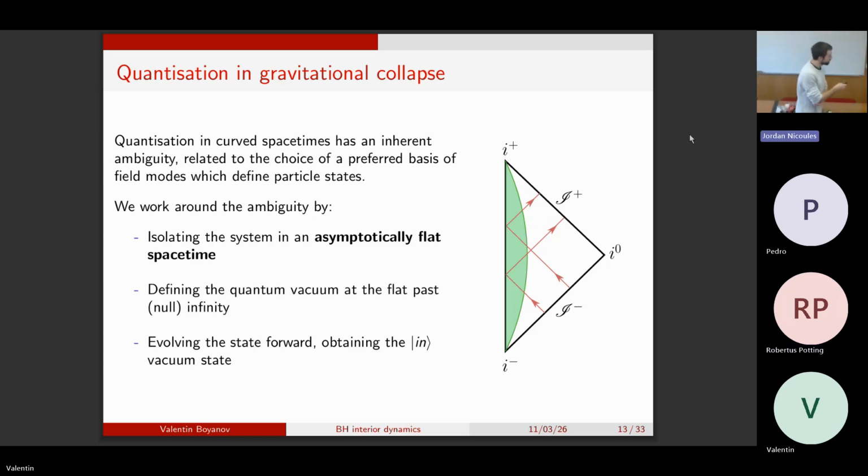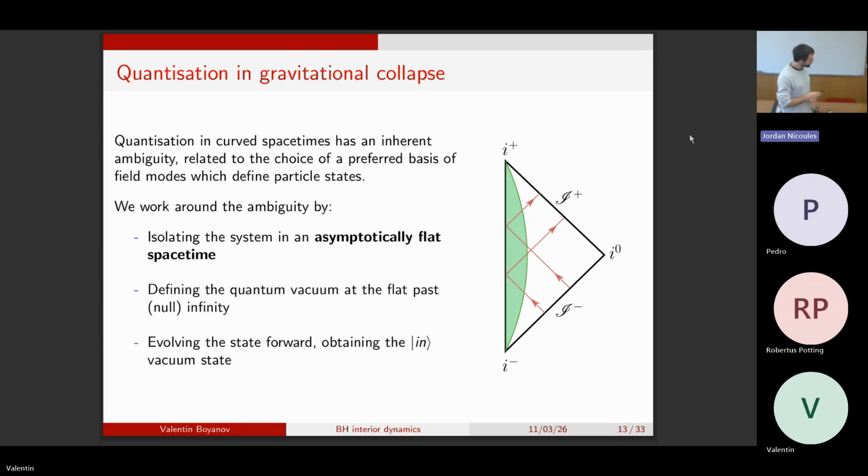There's another comment to be made about quantizing in curved spacetimes. There's an ambiguity in defining the vacuum state and subsequent particle states in an arbitrary curved background, which comes from the lack of symmetry. In flat spacetime, you have a preferred quantization that's related to the Lorentz symmetry of spacetime, and you have a vacuum state that's invariant under transformations of the corresponding symmetry group. But in generic curved spacetimes, you don't have that.